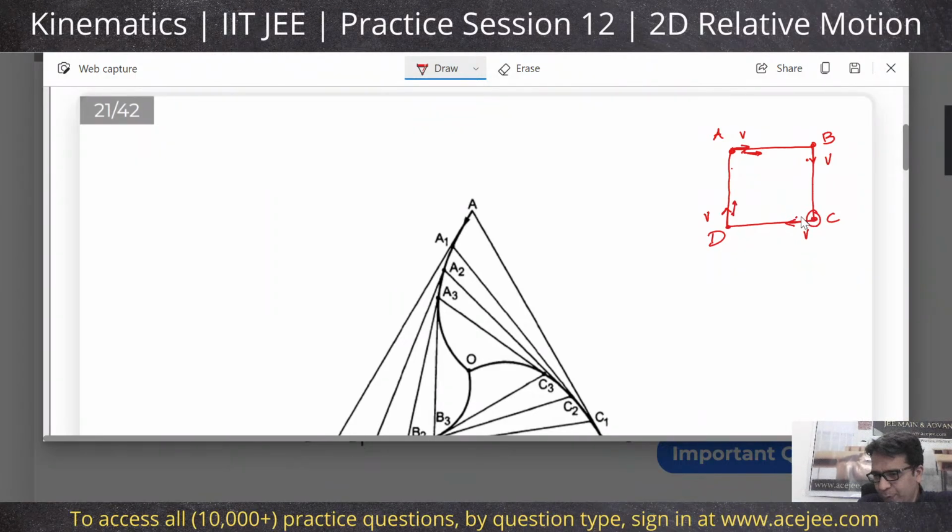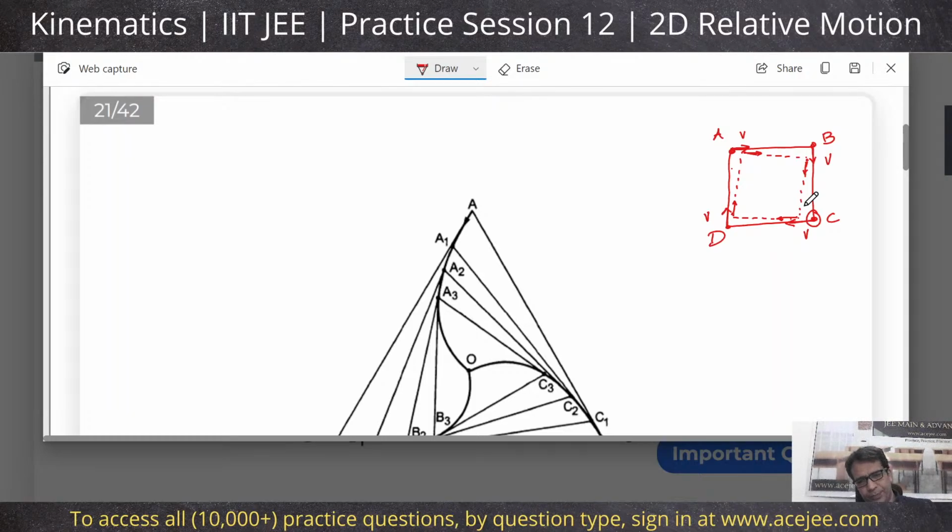The velocity is always pointed towards each other. Because they have moved by the same distance, and their motion is symmetric, they will continue to form a square. They will continue to be along the four vertices of a square, just that the square will become smaller and smaller.